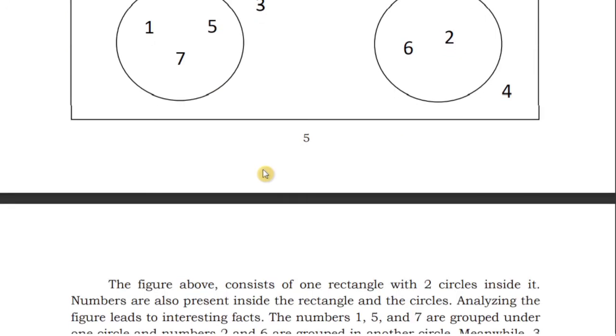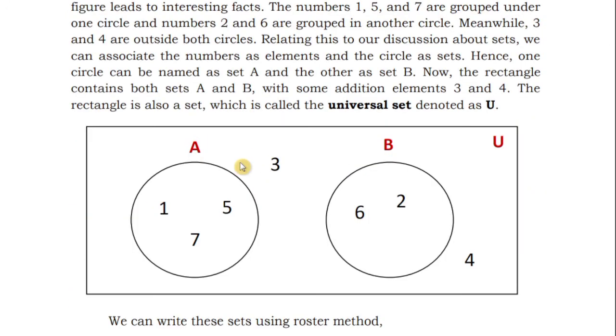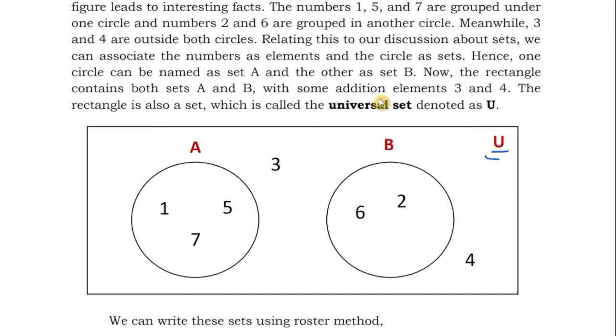Okay, so we have here the universal set, the rectangular shape one, and then this first circle here, specified already.